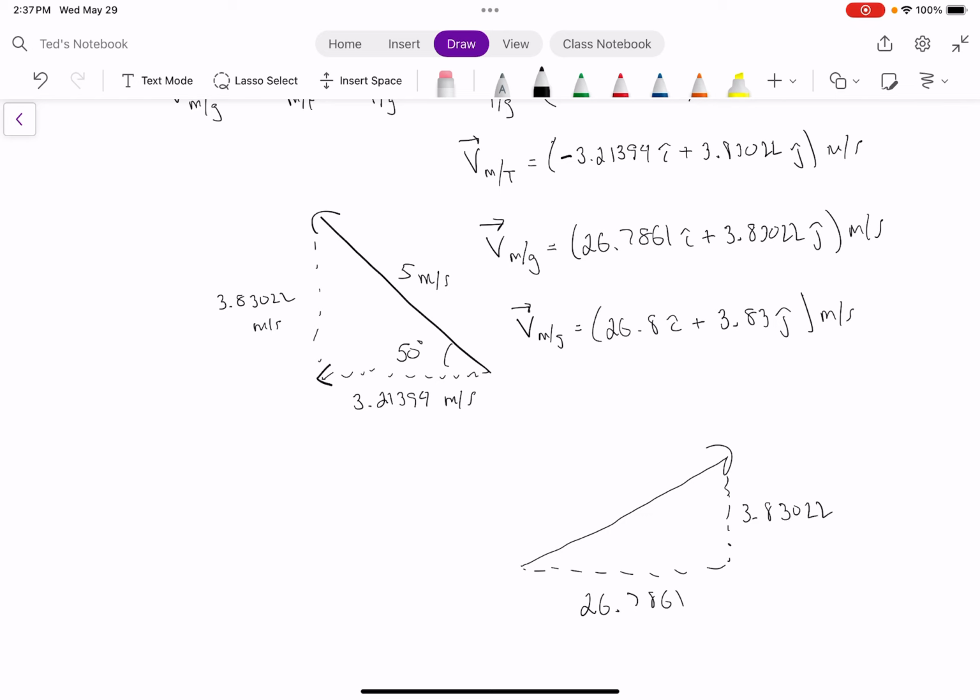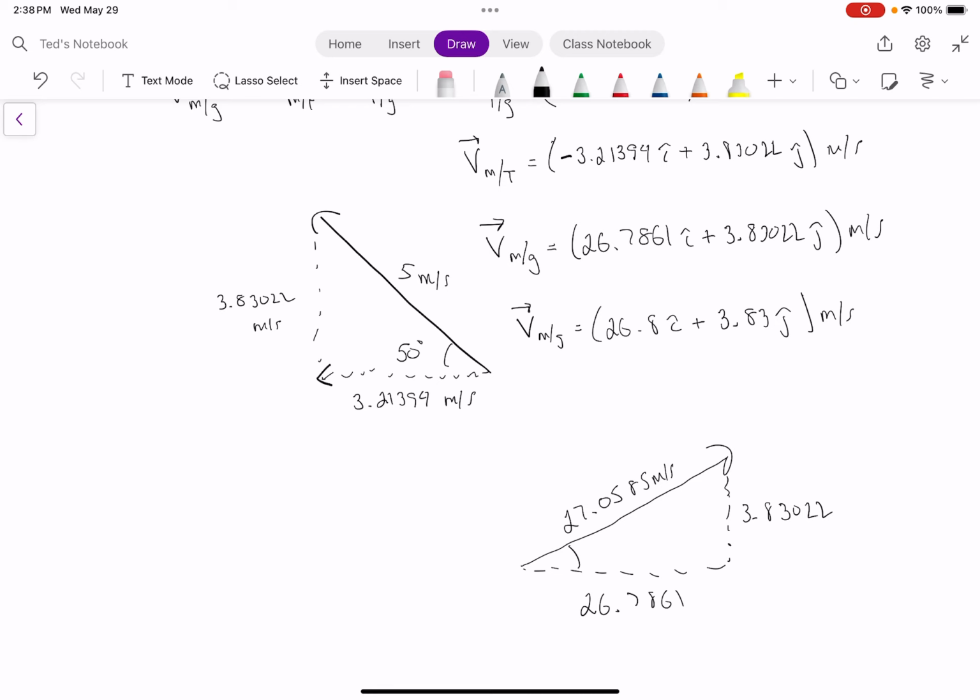So if I want to find how fast he's going, I need the hypotenuse, which is going to be the square root of a squared plus b squared, which gives me 27.0585 meters per second.